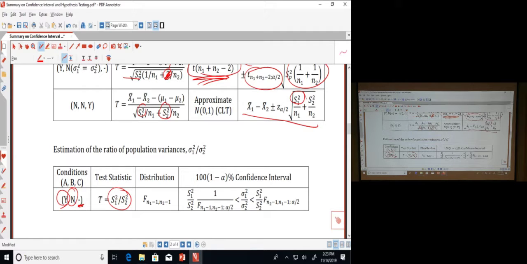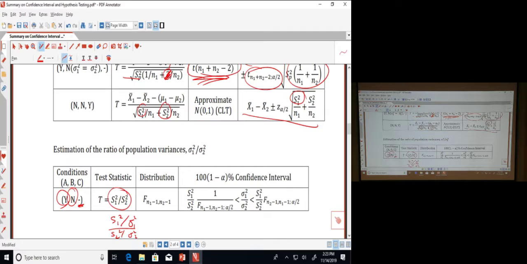Now I see there's another mistake here. It should be S1 square over sigma 1 square divided by S2 square over sigma 2 square.